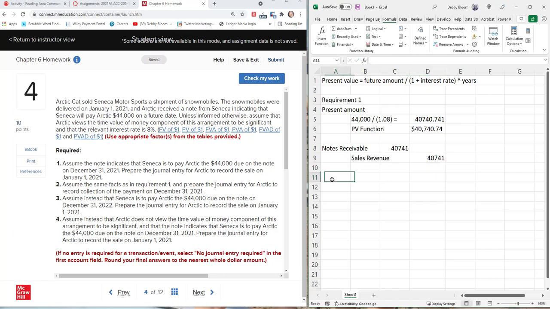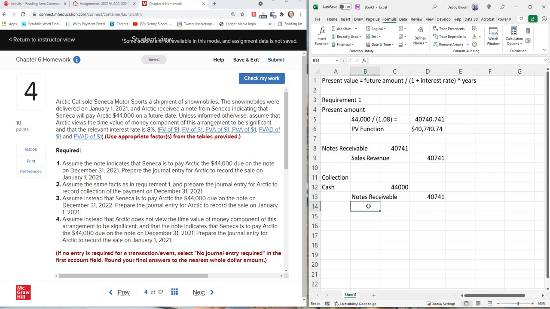Now, later on for the collection, we're going to get cash of 44,000. So first of all, why did we get the cash of 44,000? First, it takes care of the notes receivable of the 40,741, so we zero that out.